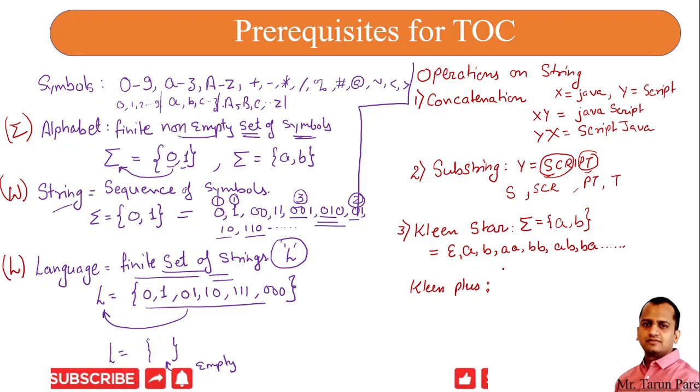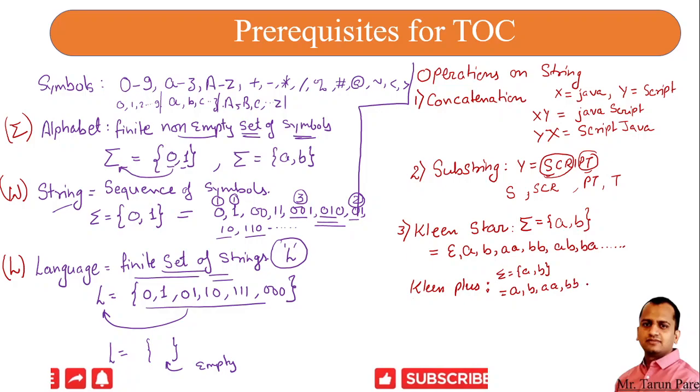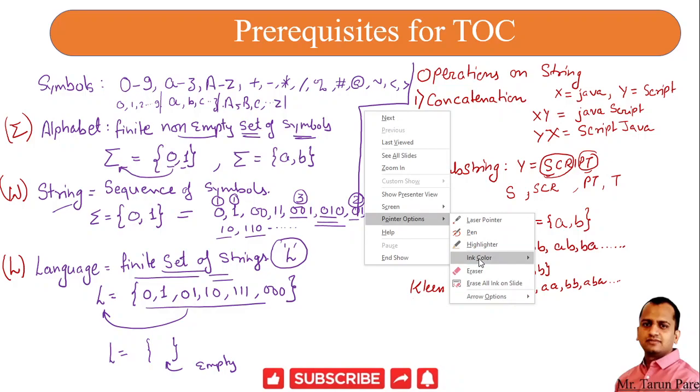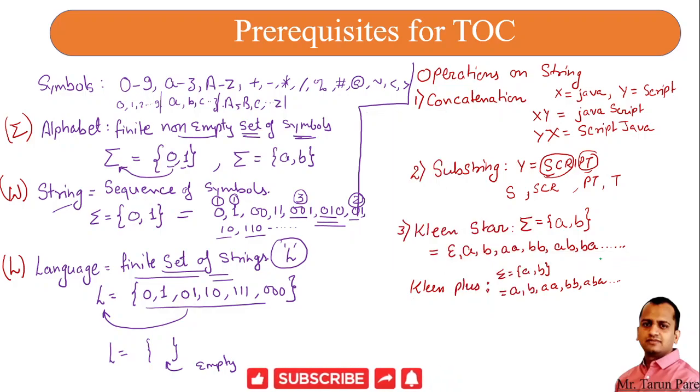Similarly, if we talk about the Kleene plus, then the strings generated from Kleene plus will be a, b, aa, bb, ab, ba and so many more. So what is the difference between the Kleene star and Kleene plus? The basic difference is the element epsilon.